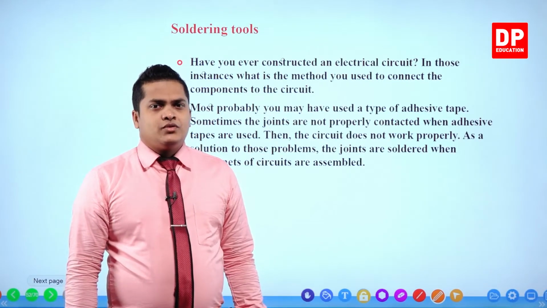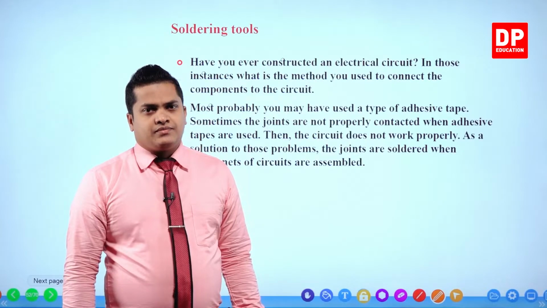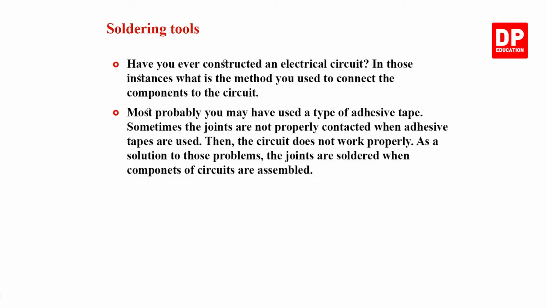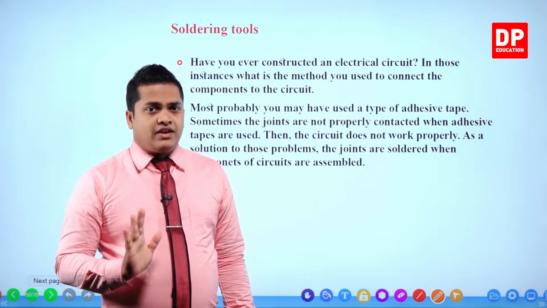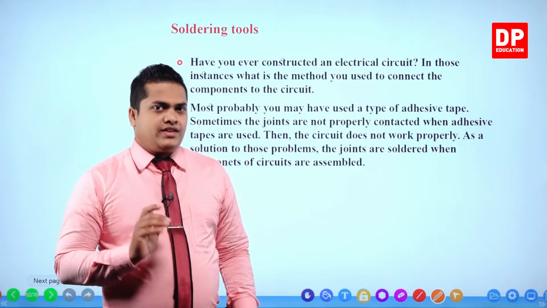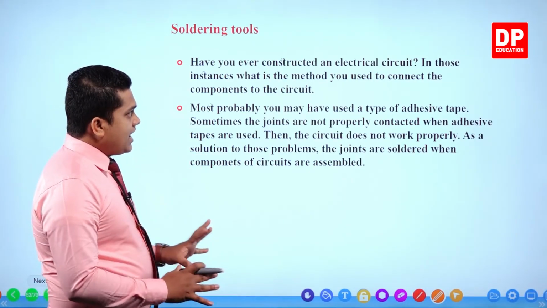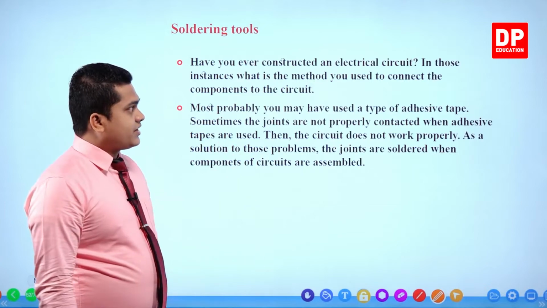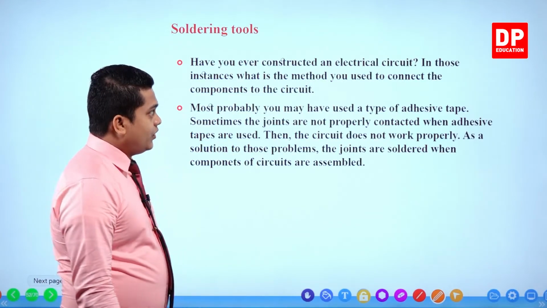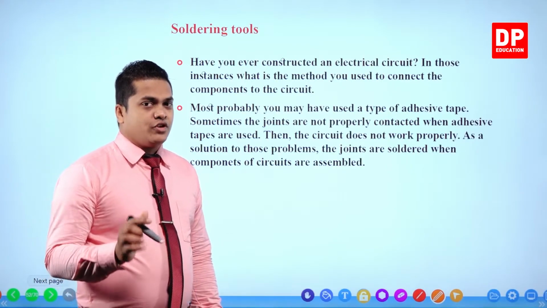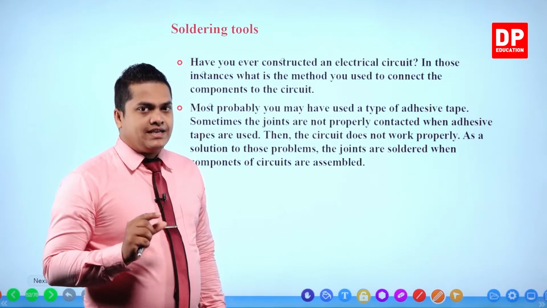Try to make those circuits using an electric bulb and some lead. When you are soldering, be very careful. I have personal experience in constructing electrical circuits. In these instances, what I'm going to do is use a piece of lead.